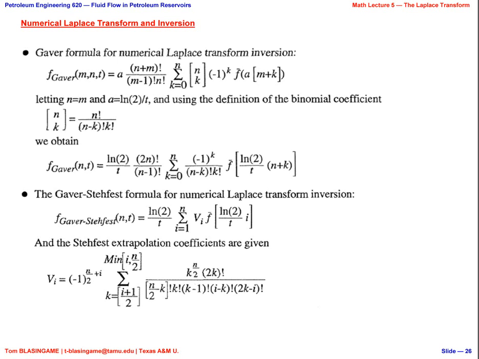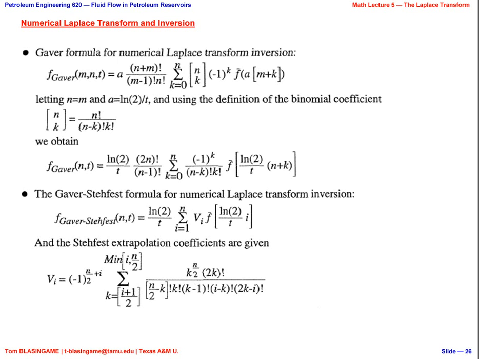Later, Stehfest came and rearranged this inversion formula, and expressed it as simply as this.